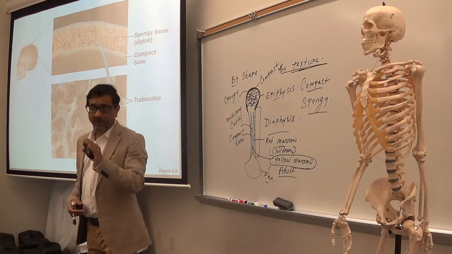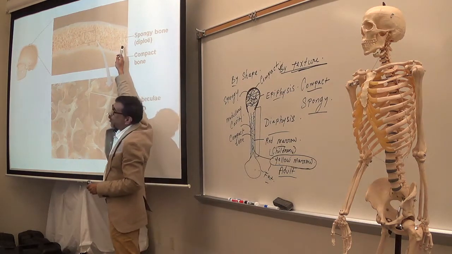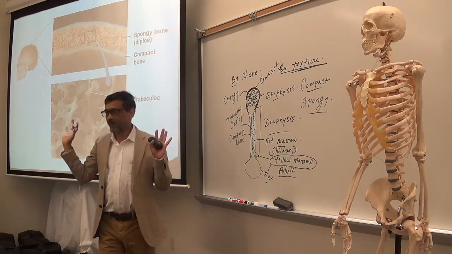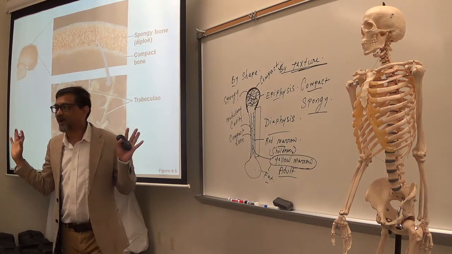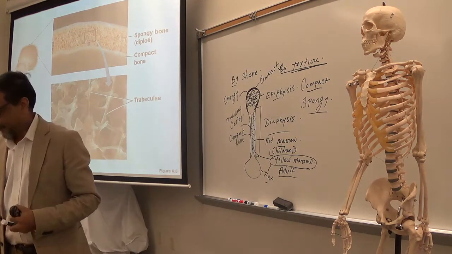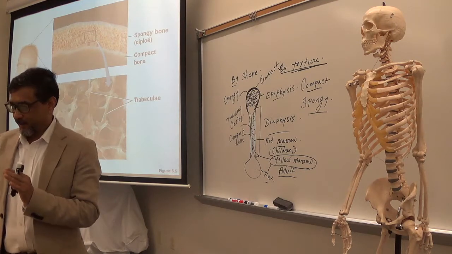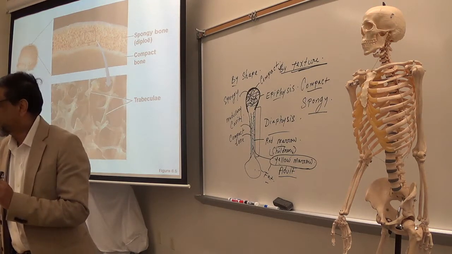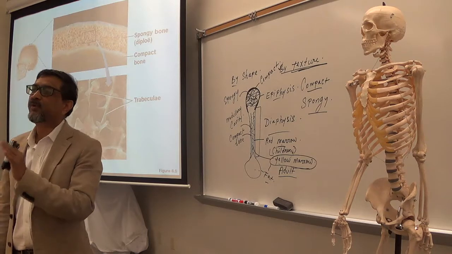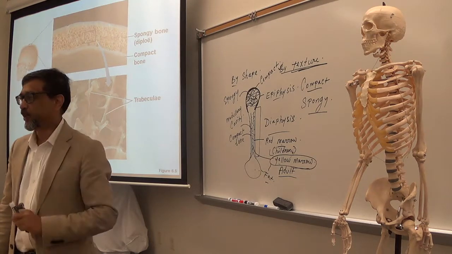And as I have mentioned, spongy bone always contains the red bone marrow throughout life, right? So now if I ask you, in an adult skeleton, where will you find the spongy bone?